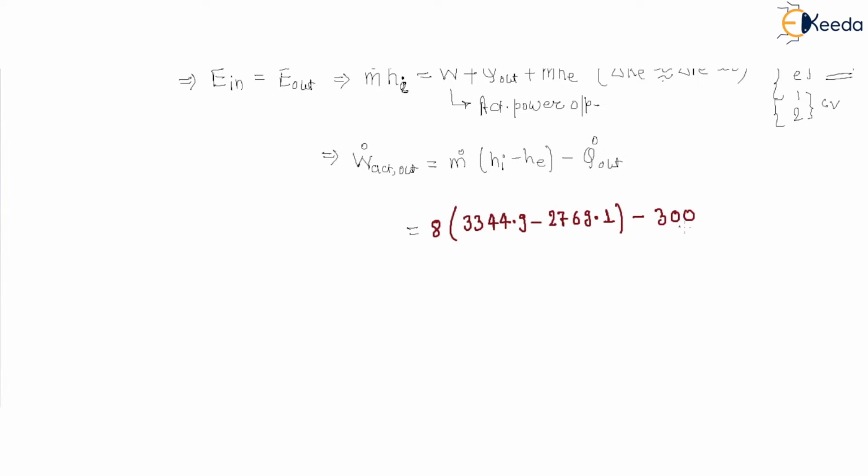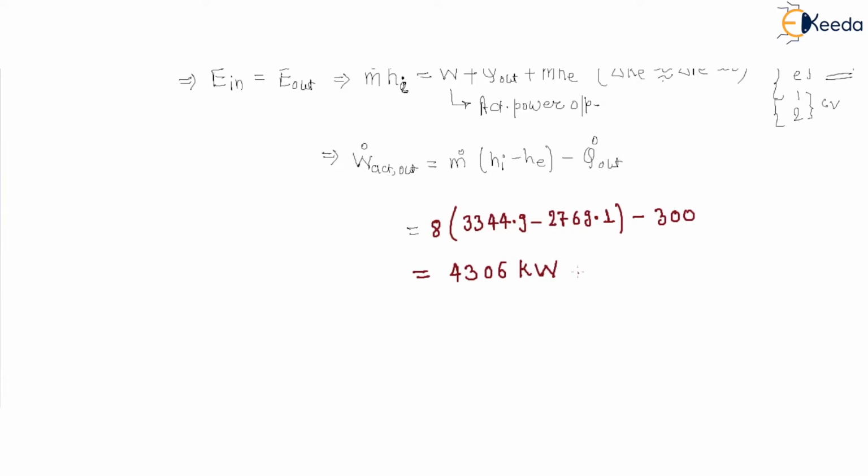So this is kilojoule per second, and this is also kilojoule per second. So what is the value? The value is 4306 kilowatt. So this is your energy.